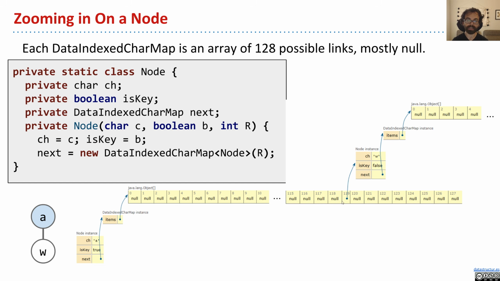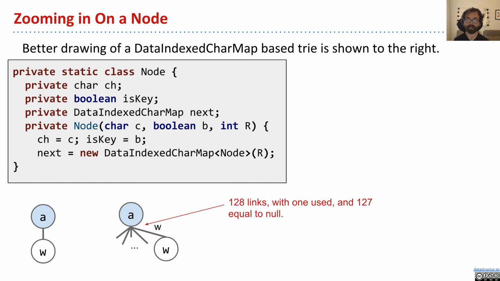So this 119 is used because, since in ASCII W is 119, that's not something I expect you to know, by the way, that means we follow this link and we get to the actual node that contains W. This key is false. It has its own next array, and in this case, it's just a bunch of null links. So that's fundamentally what our trie is with this approach.